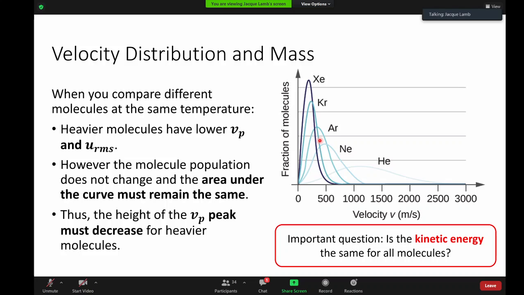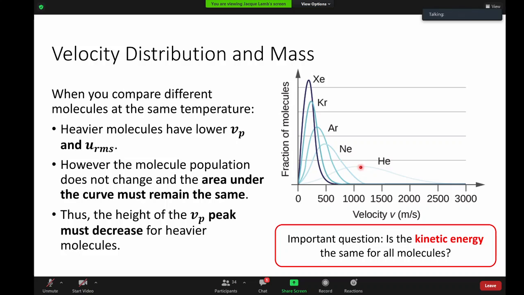So these would be the measures of all the same amount of gas at the same temperature, but the peak changes. The heavier molecule is going to have a much narrower range. The lighter molecule, helium down here, has a much broader curve and a lower peak, to a lower probable velocity. The area under the curve has to stay the same because you're talking about the same amount of gas, but the shape of the curve will change.